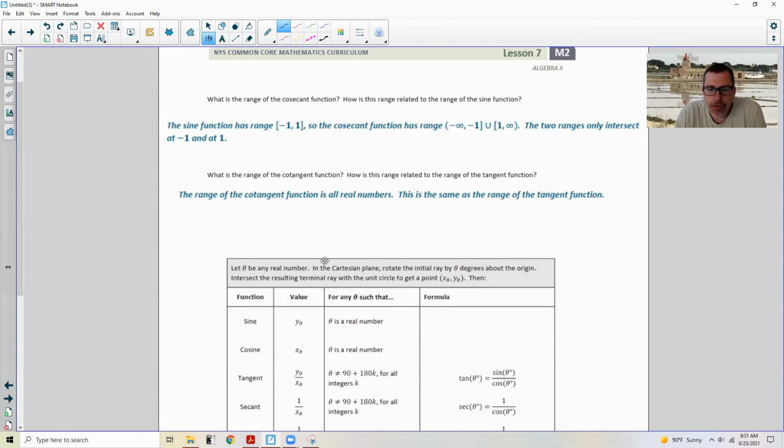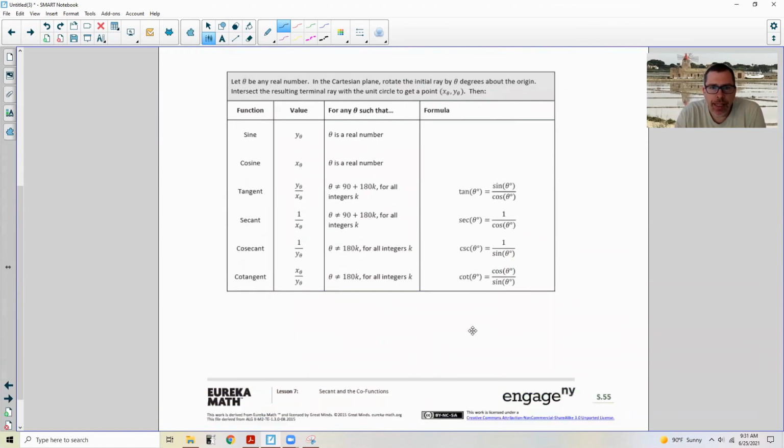Okay, so now we have a table and it says, let theta be any real number. In the Cartesian plane, rotate the initial ray by theta degrees around the origin, and intersect the resulting terminal ray with the unit circle to get a point x sub theta, y sub theta.